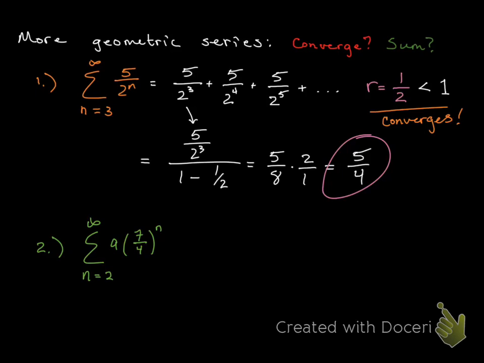The second example here, I have 9 times (7/4) to the power n. There I'm taking all of 7/4 and raising it to the n. So I want you to notice the difference between these two.